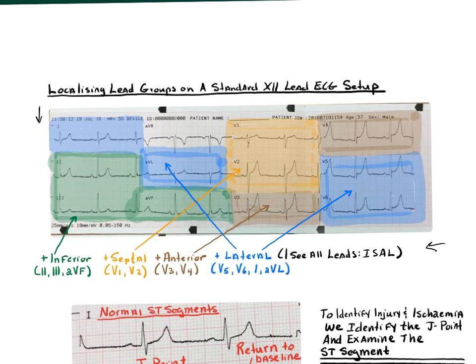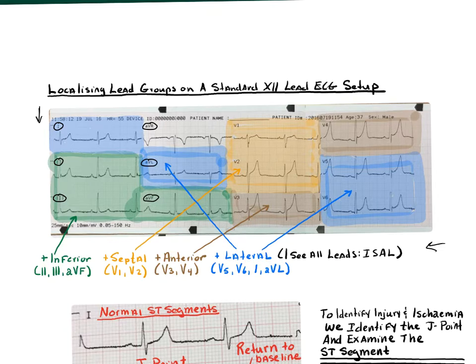Okay, so the standard setup is on the left-hand side here. The 12-lead starts with the limb leads. So you start off with lead 1, and then underneath that, lead 2, and then underneath that, lead 3. 1, 2, and 3. So those are your limb leads. To the right of that, you have your augmented leads. AVR on top, AVL in the middle, and AVF on the bottom.